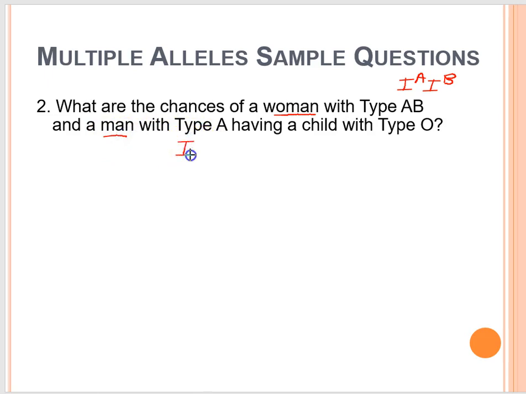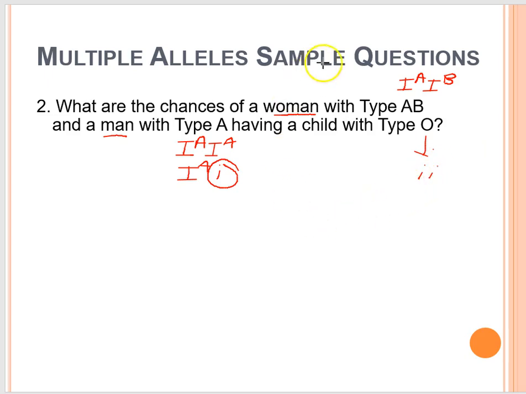Because he could be this, or he could be that. One of those two, because they're both type A. What's the chance of them having a type O child? 0%. Why? Because there's no other little i. There's not a recessive. Mom has to have a little i as well.